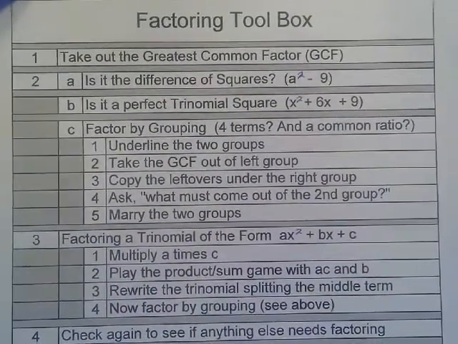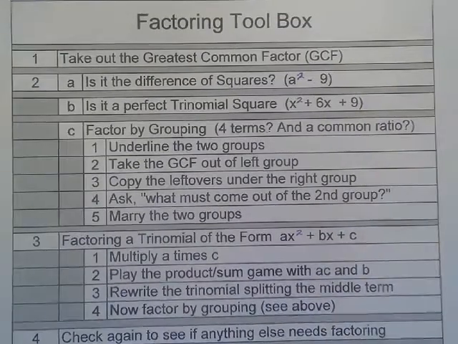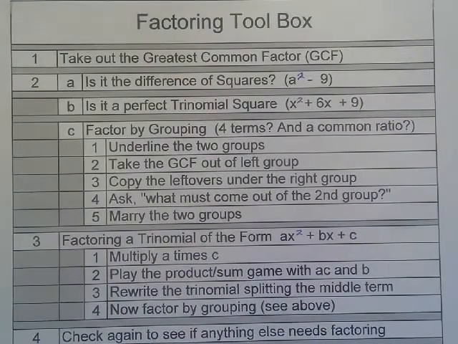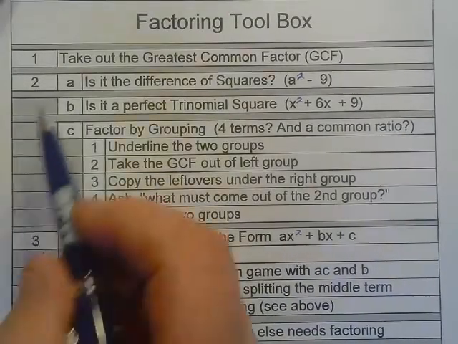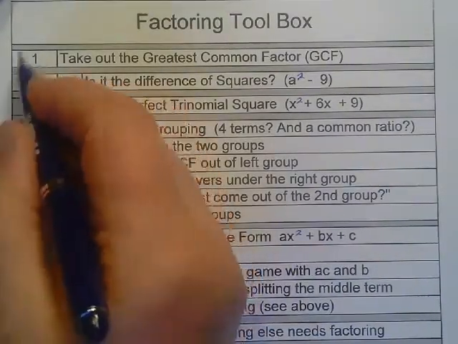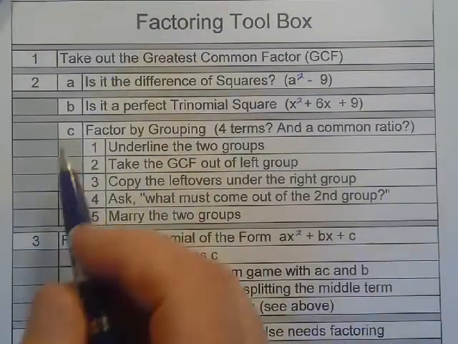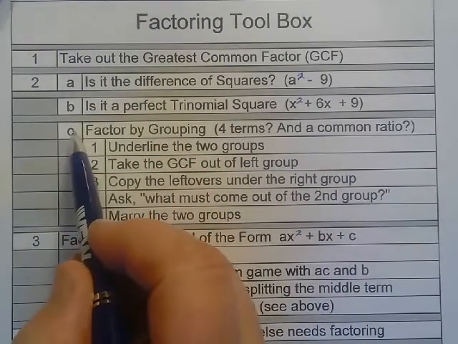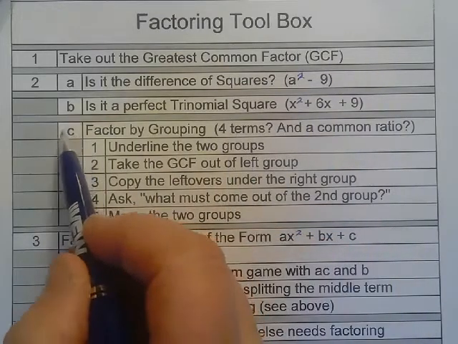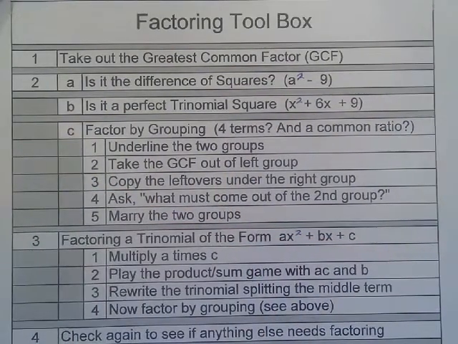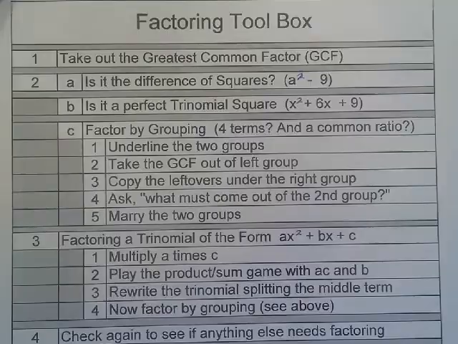Today we're handling number 1, the ability to take out the greatest common factor, so you could circle that on your sheet. But I also want to talk about factoring by grouping. It's letter 2C. We're going to talk about that one right now.